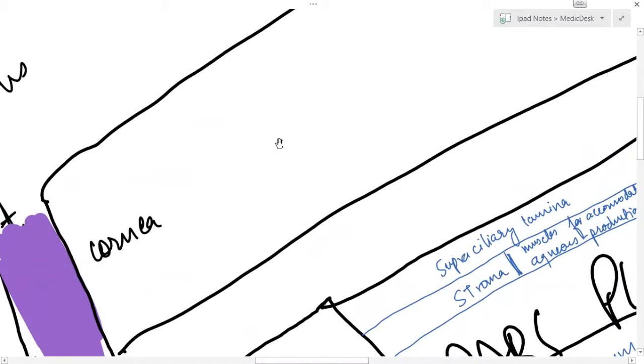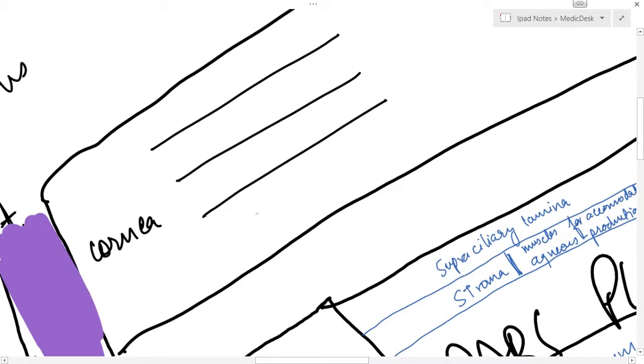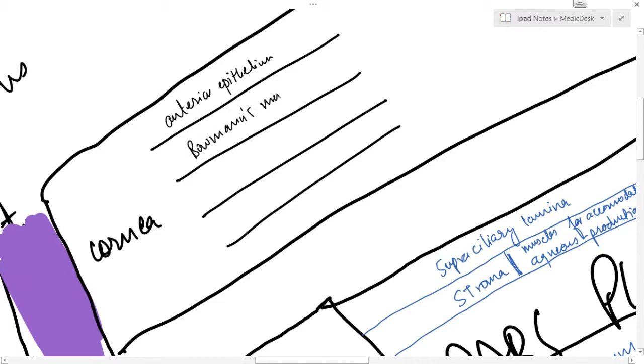Now again, the cornea has 5 parts. 1, 2, 3, 4 and 5. And similarly, they are anterior epithelium, Bowman's membrane, the stroma, the Dua's membrane.